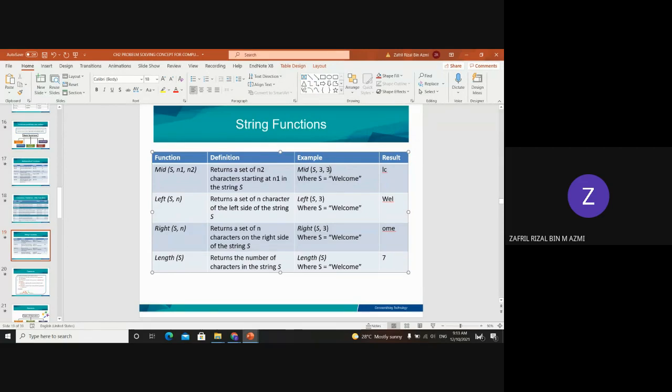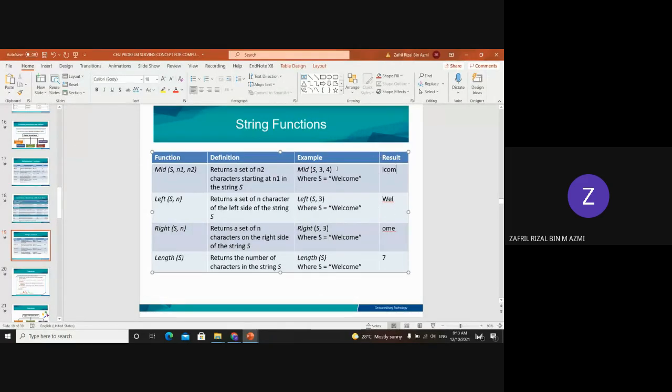What should be the result? L, C, O. It goes up until 3, all 3 letters. So if 4, we put 4 over here then L, C, O, M.